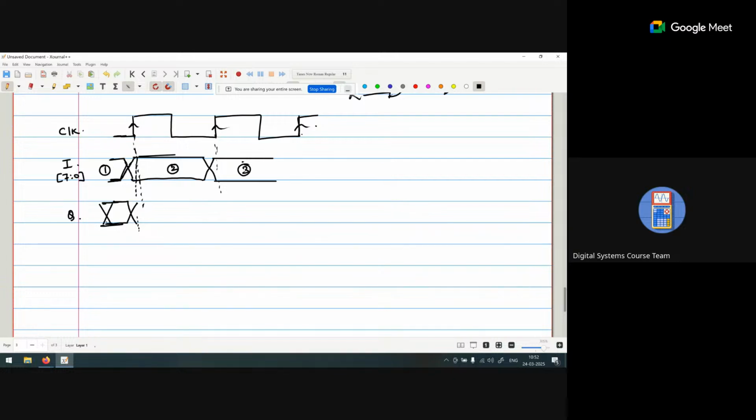Now when the clock is applied, if data is 1, we are getting data 0, it will remain constant, so we are not considering this.